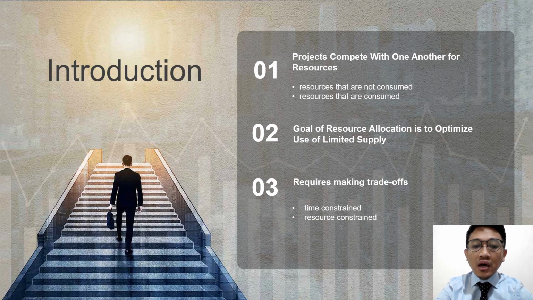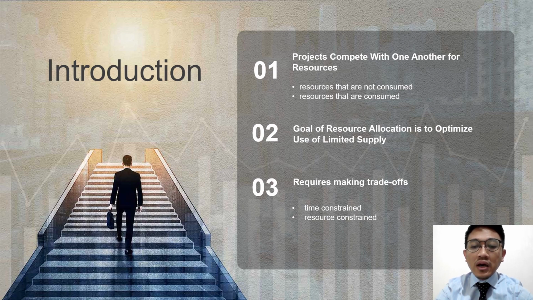The primary objective of resource allocation is to optimize the utilization of these limited supplies. It's about maximizing efficiency and effectiveness in deploying resources to achieve project objectives. This process inherently demands making trade-offs, where decisions must be made regarding how to best allocate resources given constraints. These constraints often manifest in two main forms: time and resource.